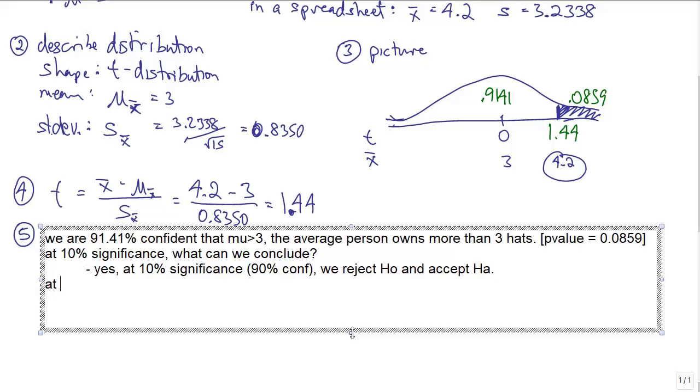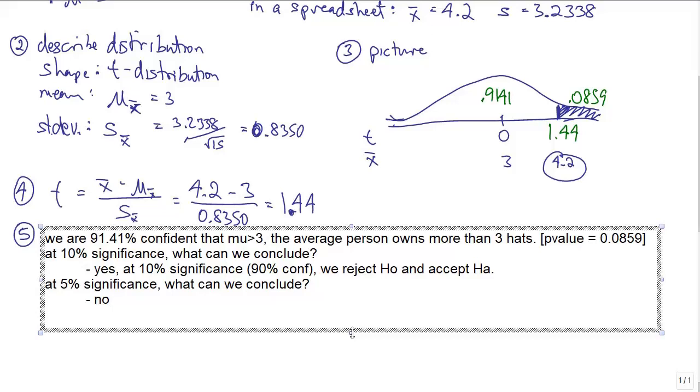And then also at 5% significance, what can we conclude? So in this case, 5% significance is like 95% confidence. Do we have it? No, we do not. We don't have enough confidence, or we can look at the p-value and say the p-value isn't good enough. Either way.